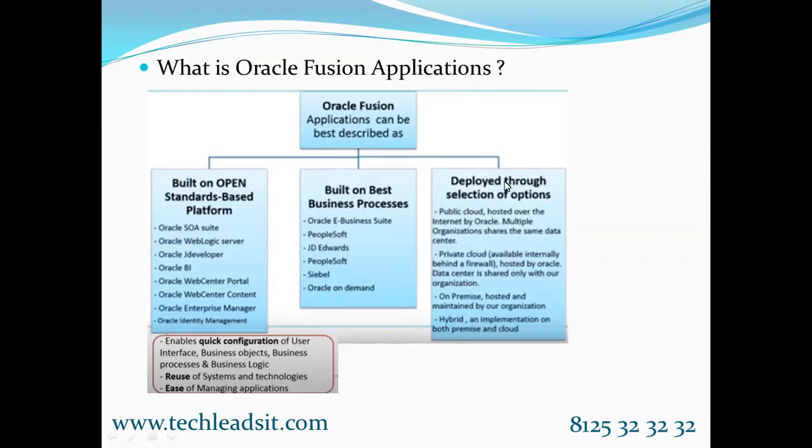Coming up, we'll see what these cloud options are. With the help of Fusion applications, we can enable quick configuration of user interface, business objects, business process and business logic. It's very easy to reuse systems and technologies, and it's easier to manage applications compared with your on-premise Oracle applications.